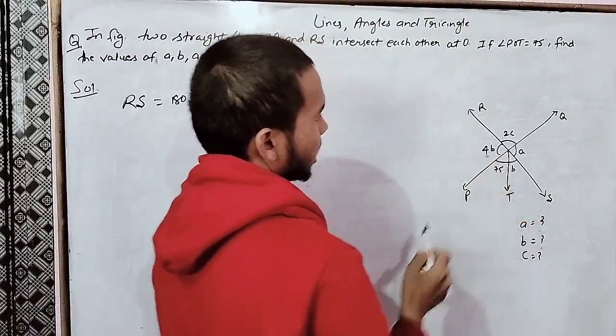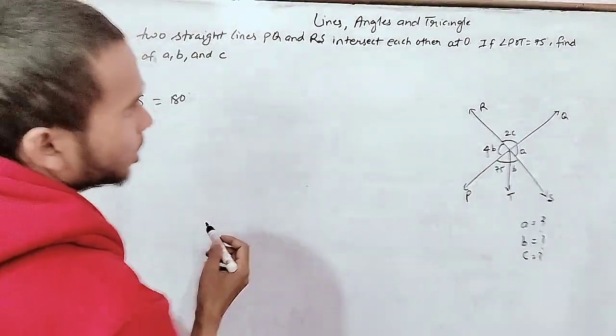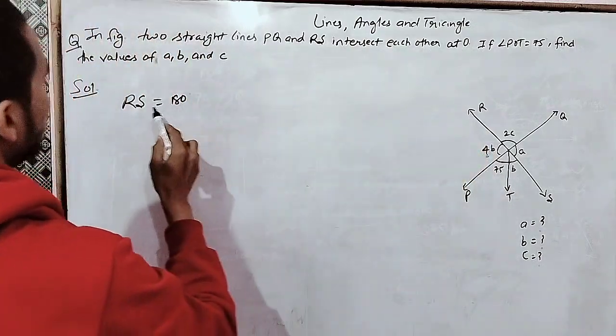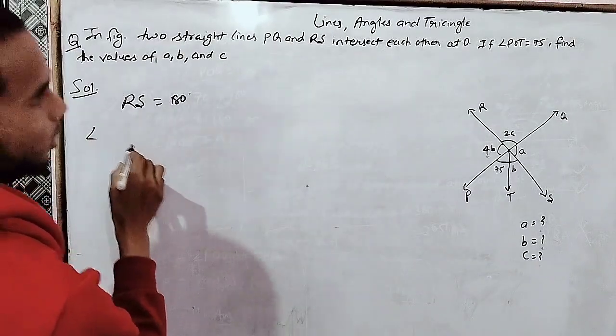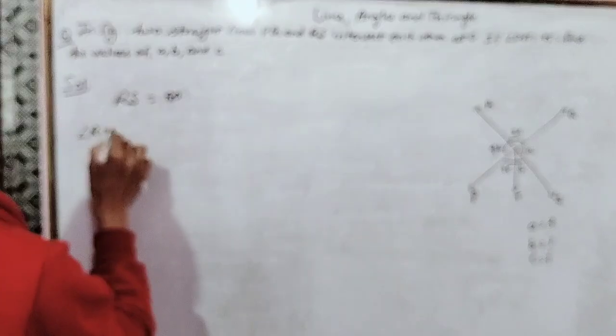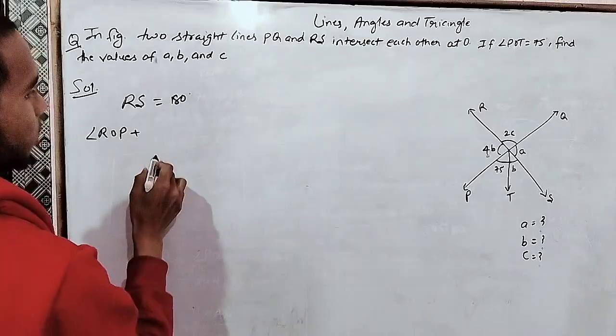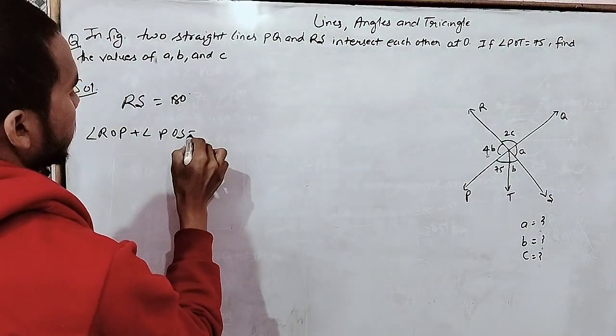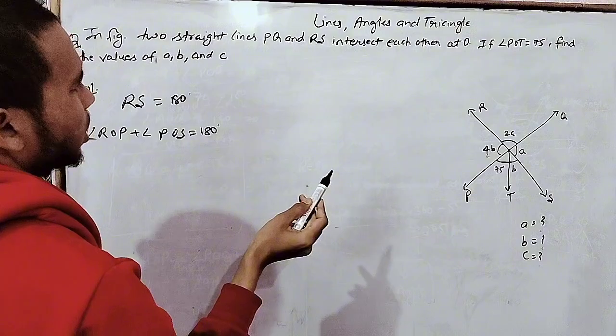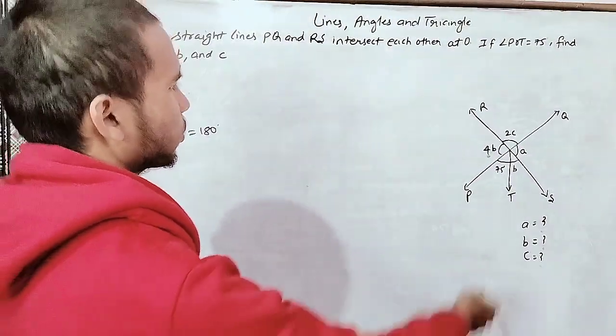So for the line RS we have this angle, angle ROP, and POS is how much? 180 degrees, because it is a linear pair, otherwise a straight angle, because the line is a straight angle.